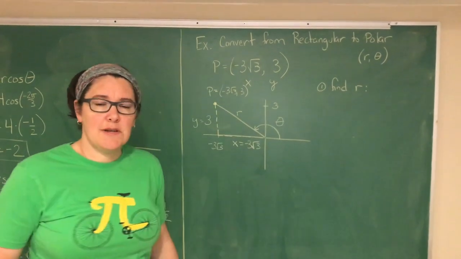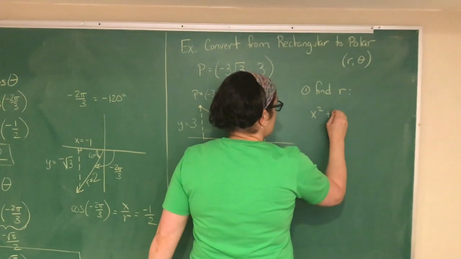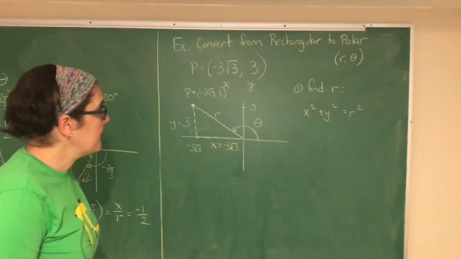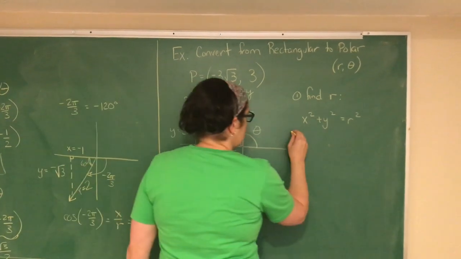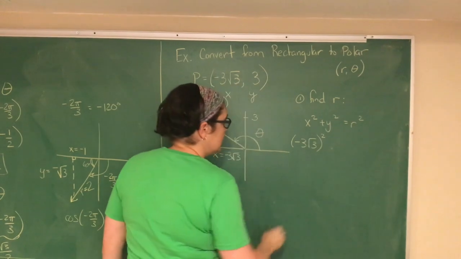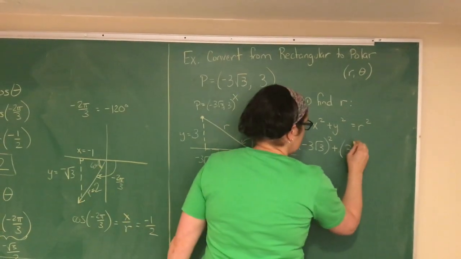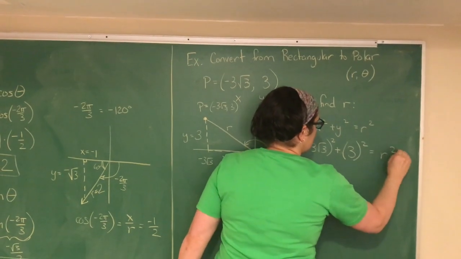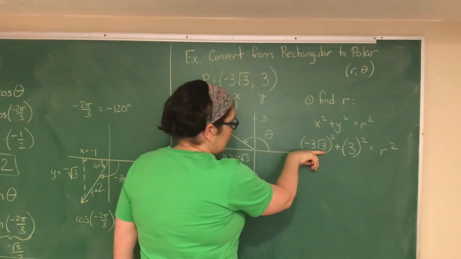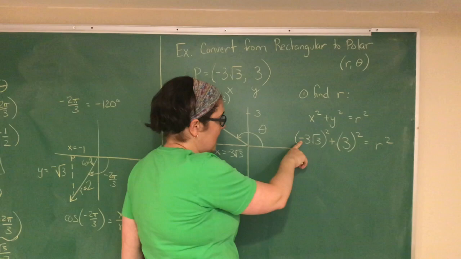And the conversion that I'm going to use is the Pythagorean theorem, which says that x squared plus y squared equals r squared. Okay, so I have my x, which is negative 3 times the square root of 3, quantity squared, plus I have my y, which is 3. That value will be squared, and all of that will be equal to r squared. So when I square negative 3 times the square root of 3, the negative will cancel, so that will become positive.